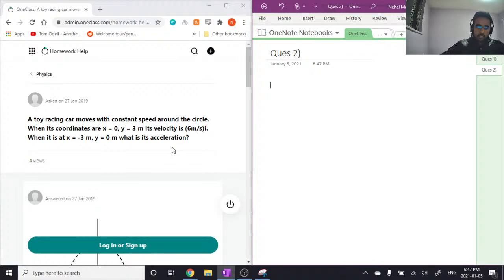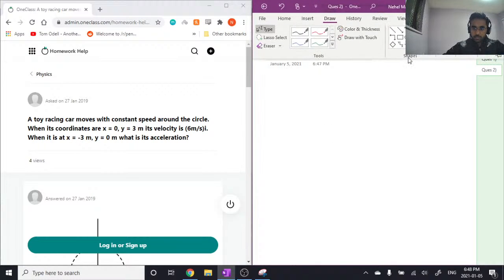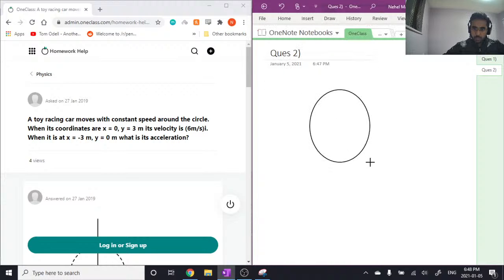A toy car moves with a constant speed around a circle. When its coordinates are x equal to 0, y equal to 3, its velocity is 6 meters per second in the I direction. When it's at x equal to negative 3 meters, y equal to 0, what is its acceleration? Okay, so since it moves around a circle, let's draw a circle.